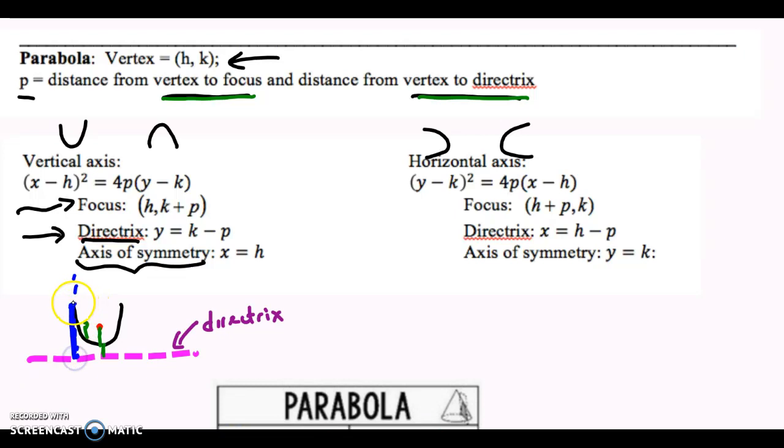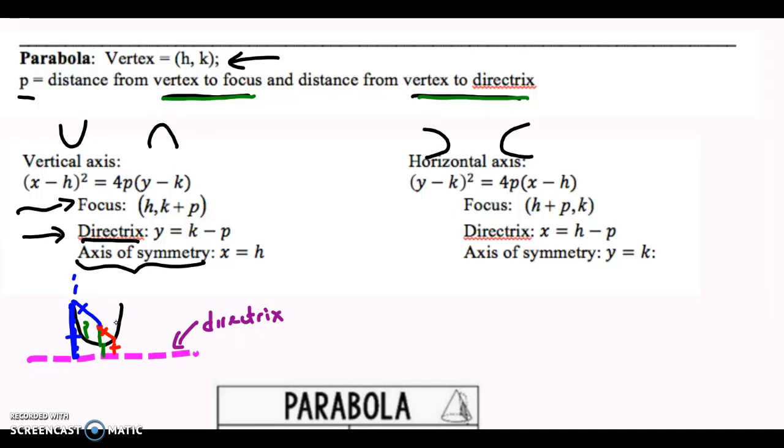This distance in blue will be the same distance as if I draw a line from this point to the focus. These two segments are congruent. Every point on the parabola has this property, that if I draw another vertical line from the directrix to the parabola, and then another line from that point to the focus, those lengths will be congruent.